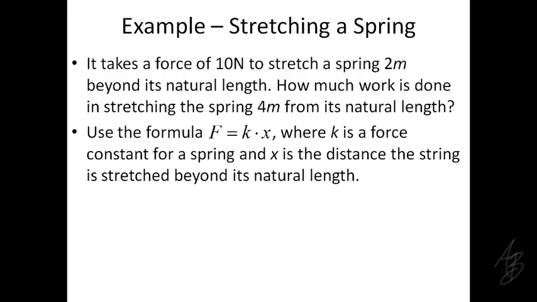So in this particular example, we have a spring that is stretched 2 meters beyond its natural length, and it takes 10 newtons of force to do that. We want to know how much work it's going to take to stretch the spring twice that far, to 4 meters beyond its natural length.